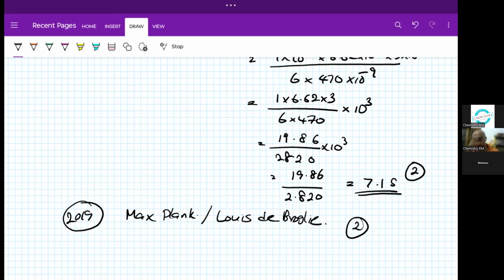Even though we are not learning about Niels Bohr in quantum physics, Niels Bohr was also a pioneer in quantum physics. At that time, 2019, Niels Bohr also did some theories on quantization. Marks are given for this answer as well.